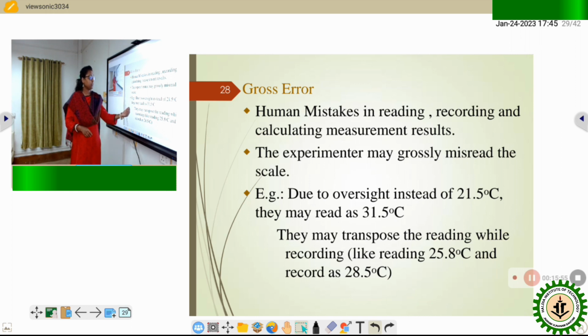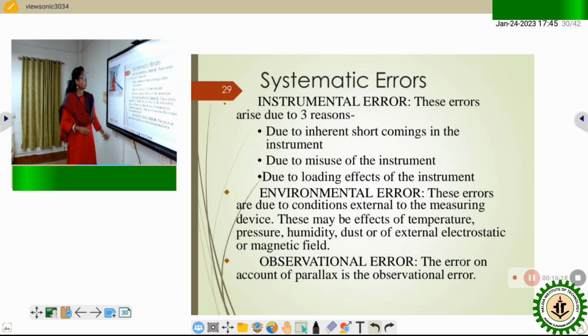For example, due to an oversight, instead of 21.5 degrees centigrade, one may read 31.5 degrees centigrade. Similarly, a reading like 25.8 degrees centigrade might become 28.5 degrees centigrade while recording. These are classified as gross errors. We have also systematic errors.